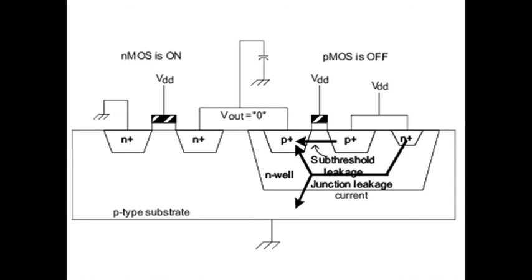So here in this cross section of the CMOS inverter, you will find many junctions. This is N, this is P. So here one PN junction gets formed. This is the second PN junction. Here P plus, this is N, so this is a PN junction. Here again P plus, this is N well region, so this is one junction. So 1, 2, 3, 4, and the fifth one is between this N well and the P substrate.